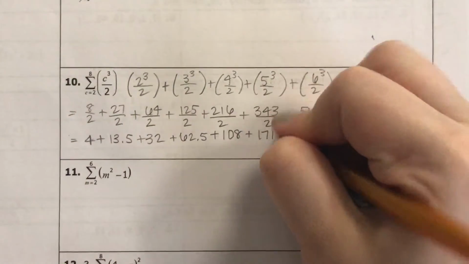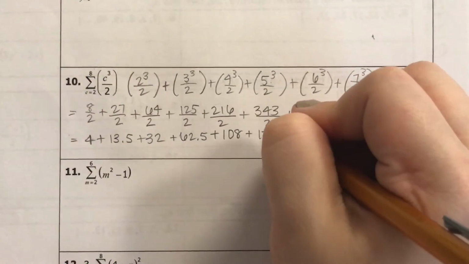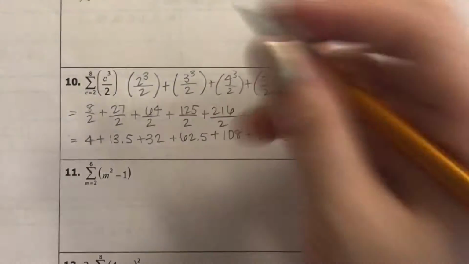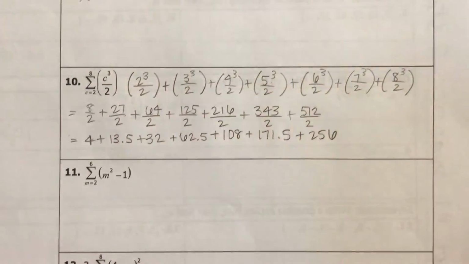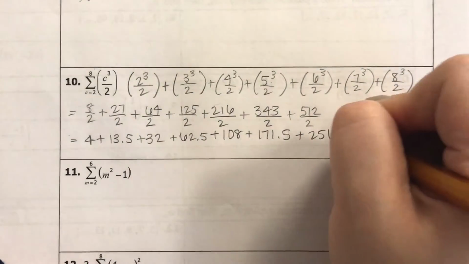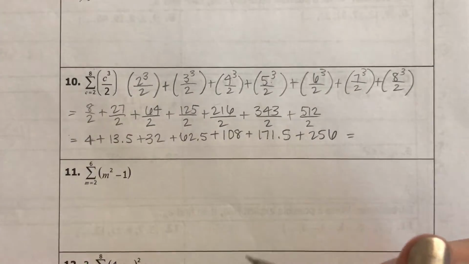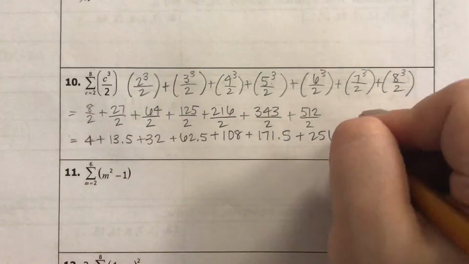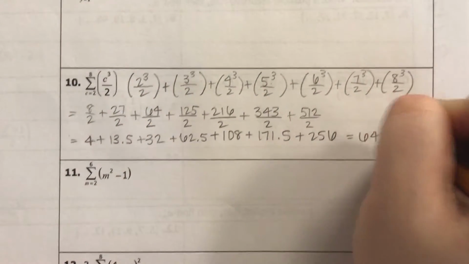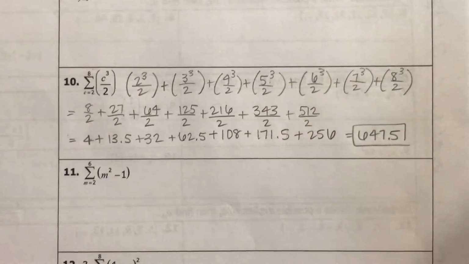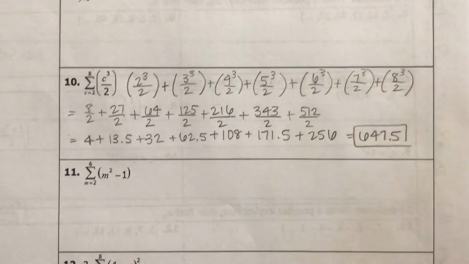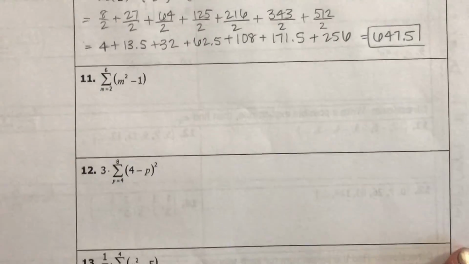Oops. Plus 256. Okay, and we're going to add all those together. I already have all these added together, so you should get 647.5. If you want to check that on your calculator, make sure I didn't make a mistake. That would be awesome. Okay, so that's it for number 10.